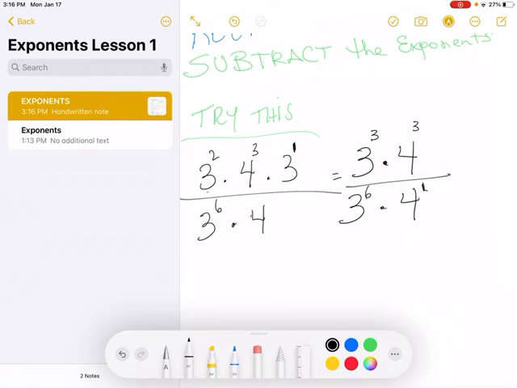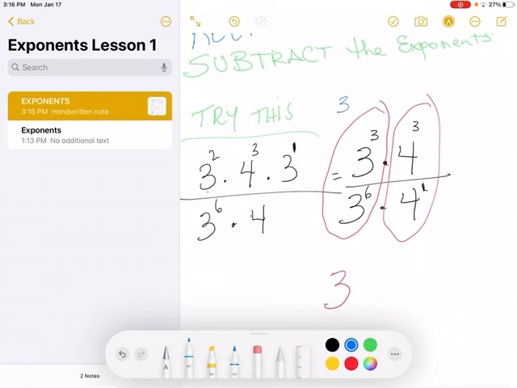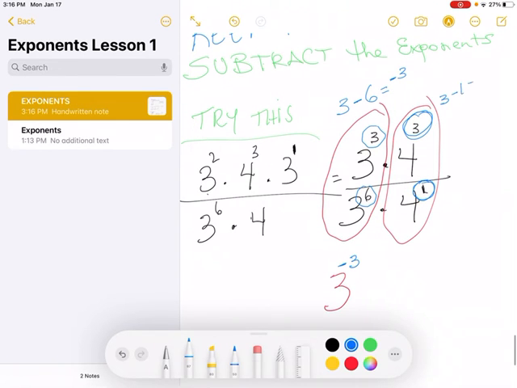Now I'm going to do my division term by term. First, I'm going to do the 3's. I'm going to keep the base 3 and subtract the exponents. What's 3 minus 6? 3 minus 6 is negative 3. Next one. What's 3 minus 1? Notice that is the top number minus the bottom number. 3 minus 1 equals 2.